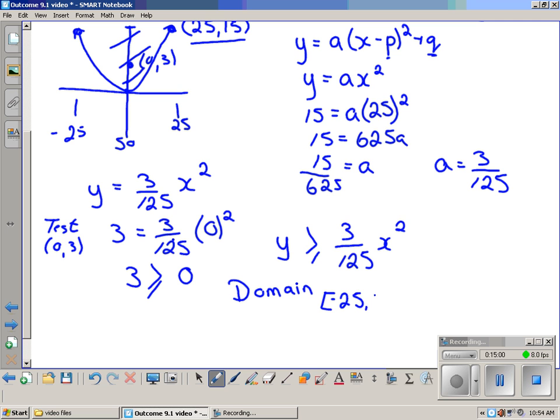The largest is positive 25. My range can go from 0 to positive 15. We're only looking at that specific point in this case. So those arms of the parabola actually stop because they are a reflector, not carrying on infinity to infinity.